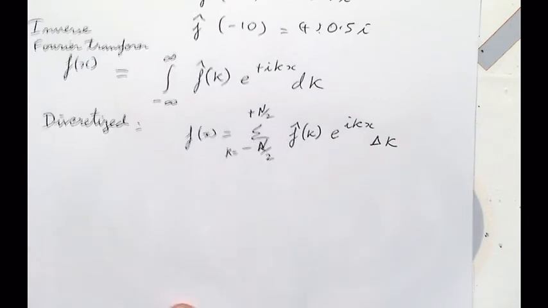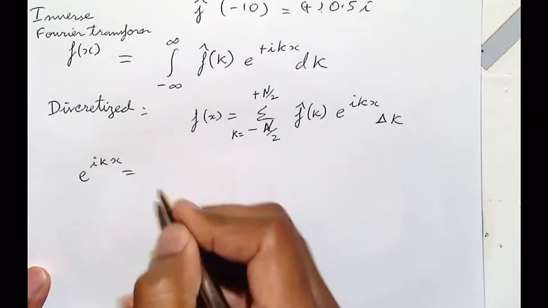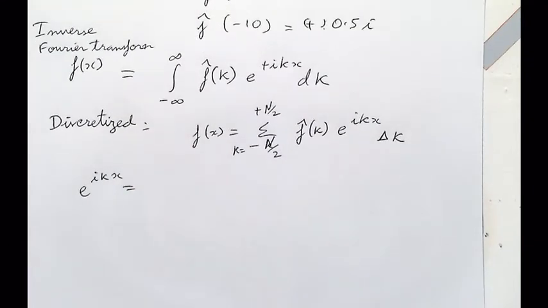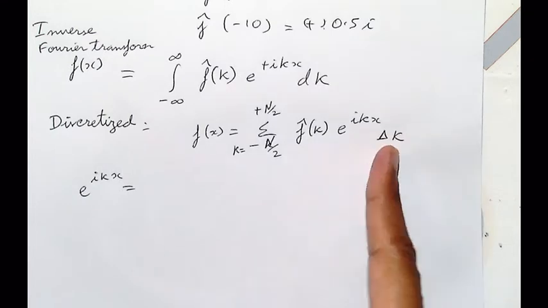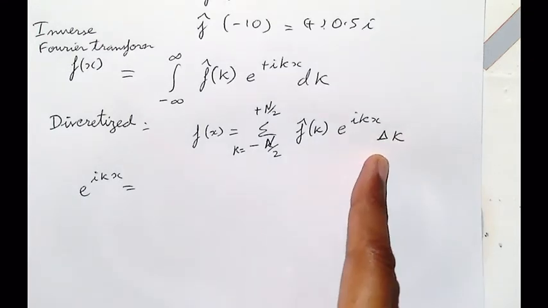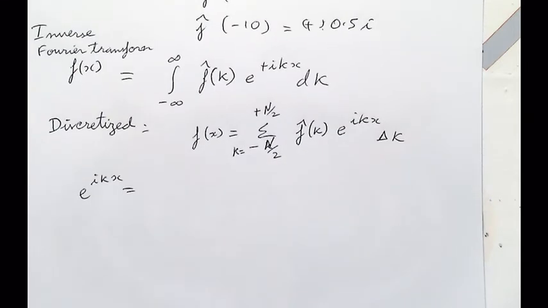What is e to the ikx? I'm sorry. Can you just repeat what you said about delta k? Delta k for us is 1, because remember the kappa vector goes from 0 to 1 to 2 to 3. So the difference between the elements is 1. Okay.